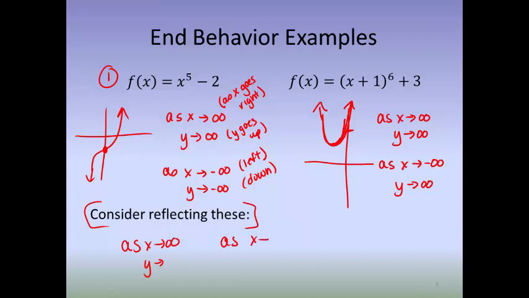And as x is going to negative infinity, I want you to describe what y is doing. And I want you to do that for both of them when you consider what happens when you reflect them over, as in when do you put a negative in front. So you may use your graphing calculator to assist you in doing that, and then we're going to check back in with each other about how to complete those statements. So you're writing a statement for each of these when you flip them over.